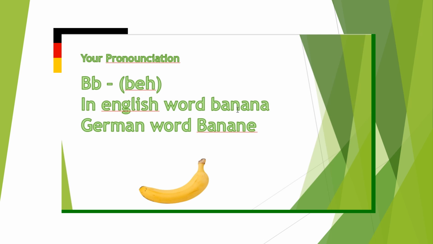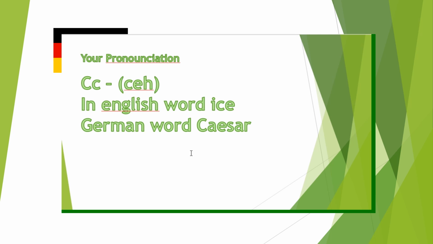The same in German is Banane. C in English is pronounced as Se in German, like the pronunciation of C in the English word ice. So the corresponding German word is Caesar.